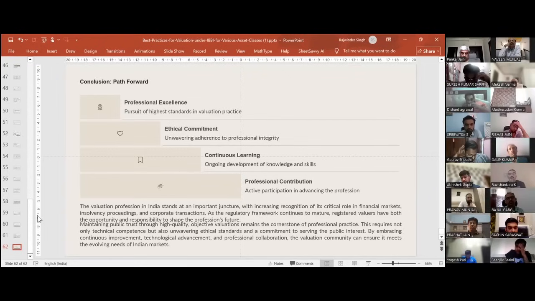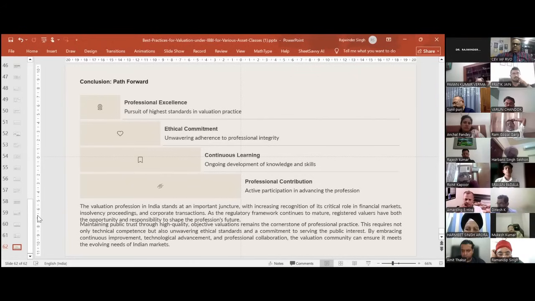We should continue to learn, which means it is an ongoing development and knowledge process which all of us should attend and go through. And it is not only that we should attend these; we should actively participate in advancing the profession.